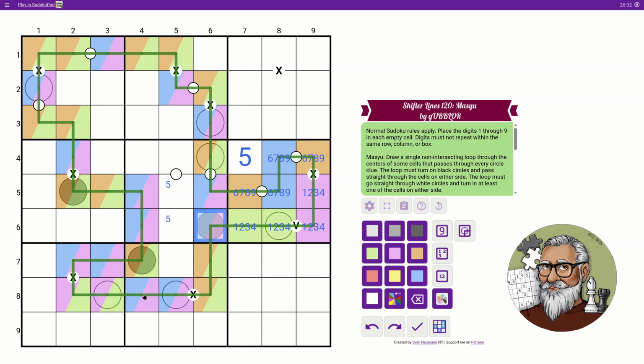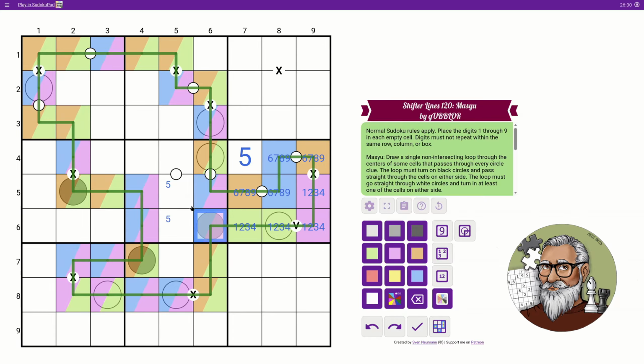We change. Change. Change. Seems correct.